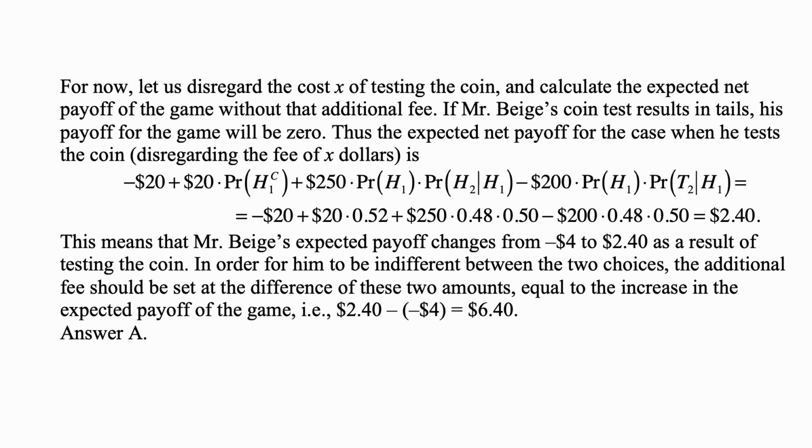If Mr. Beige's coin test results in tails, his payoff for the game will be 0. Thus, the expected net payoff for the case when he tests the coin, disregarding the fee of X dollars, is -20 plus $20 times probability of complement of H1, because he gets the $20 back in this case, plus 250 times probability of H1 times probability of H2 given H1, minus $200 times probability of H1 times probability of T2 given H1.